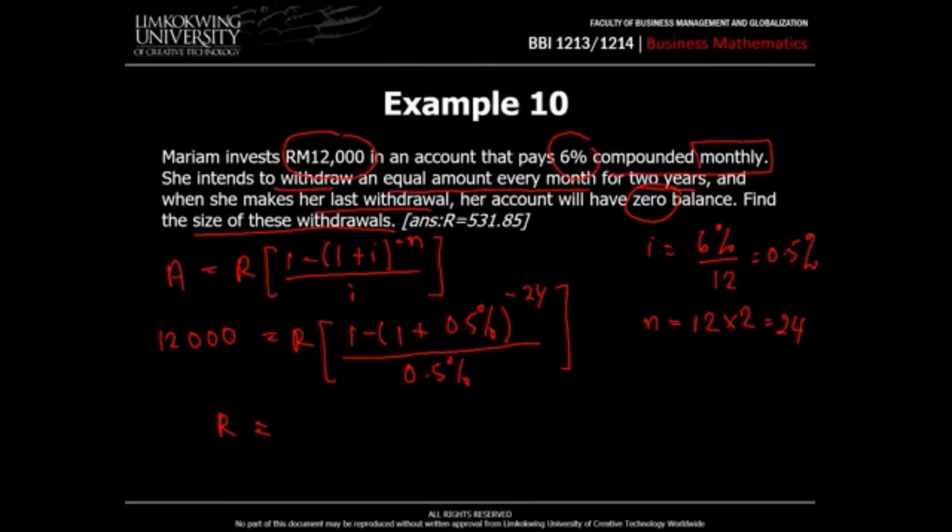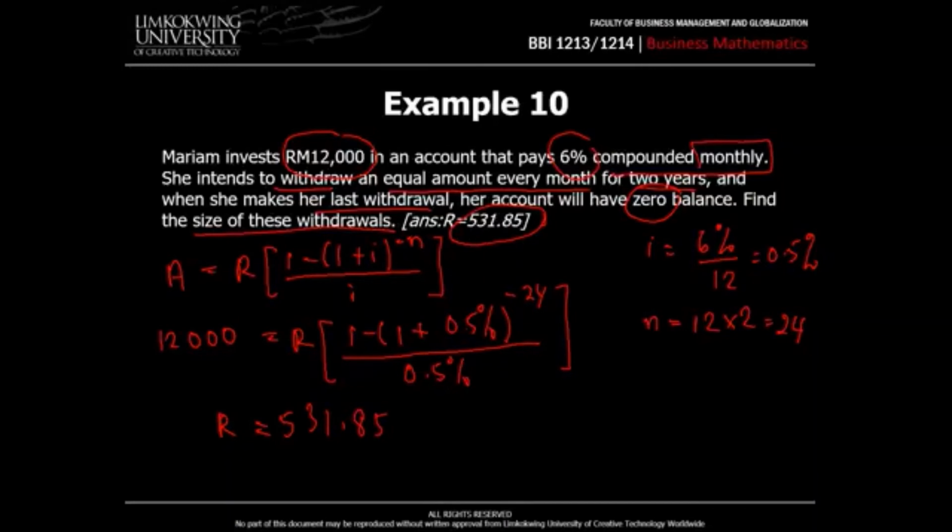Do you get the same answer? 22.56? This is the answer. You're supposed to get 531.85.